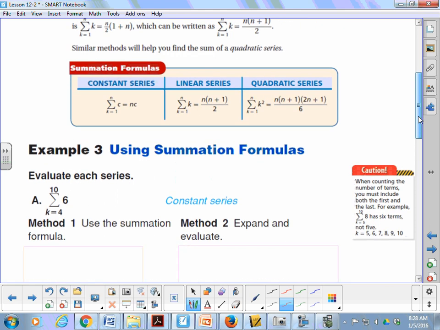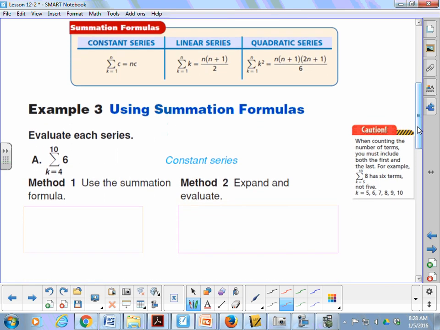Okay. So, two methods to evaluate series. One, we can write them out, expand them and evaluate. Or number two, we can use the formulas. So here it says the sum as k goes from 4 to 10 of 6.